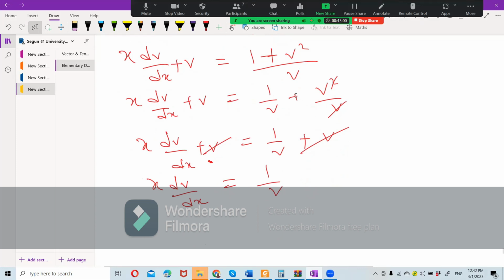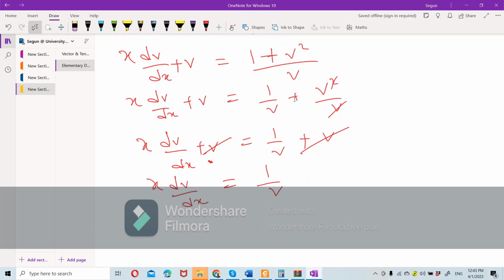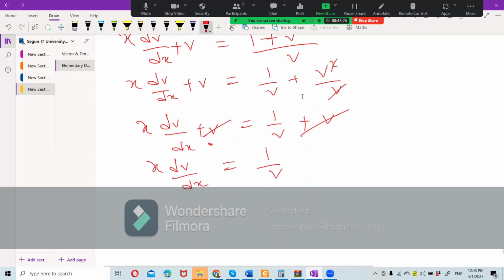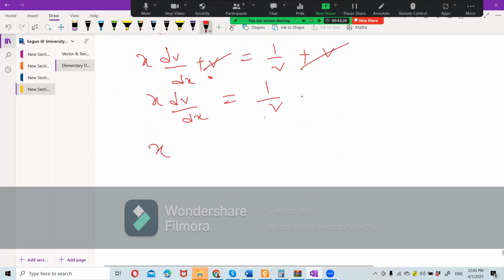We can now begin to do what we call separable variables. How do we solve there? All we need in this case is, let's say, x dv equals 1 over v dx.